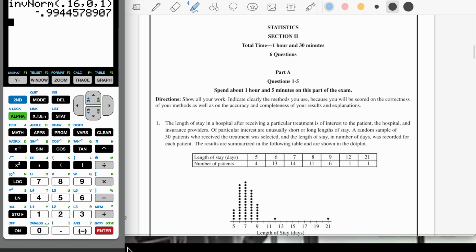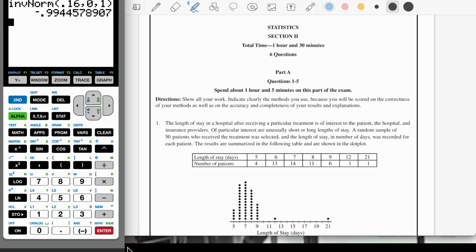But as far as the questions are concerned, you see that there are a total of 6 questions. They tell you to spend, because you get an hour and a half for the free response. I don't know if you have any experience with AP Calculus. You're probably used to the calculator section versus the non-calculator section. It doesn't work that way here.